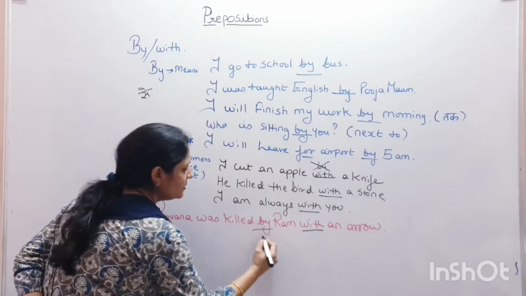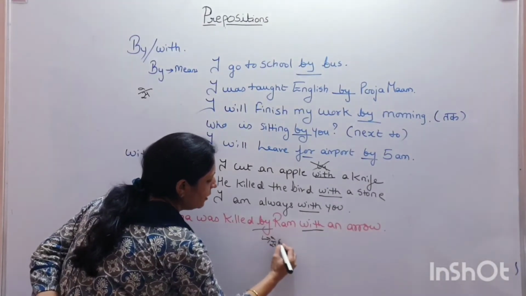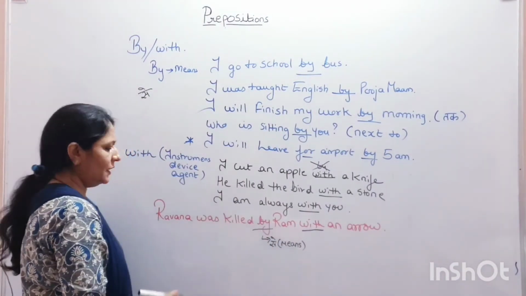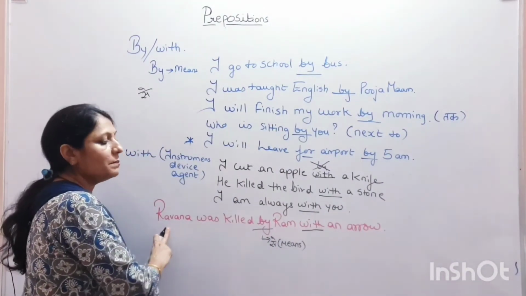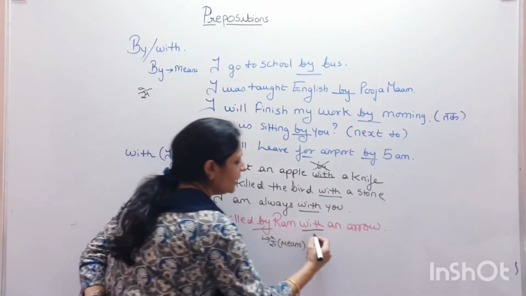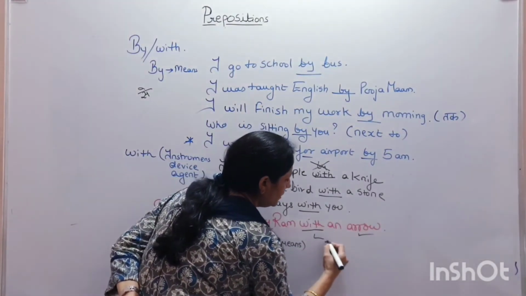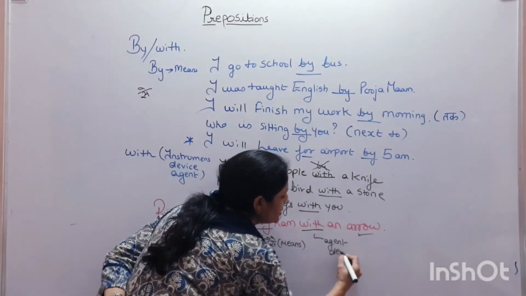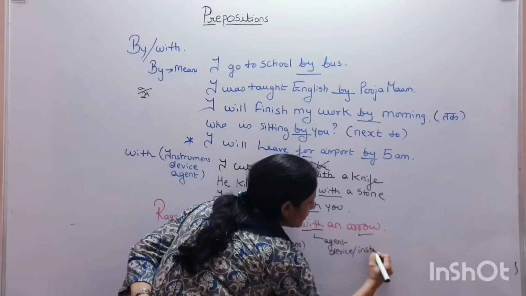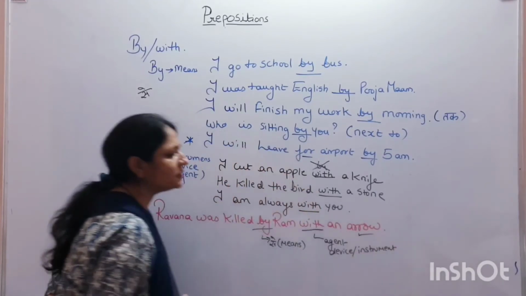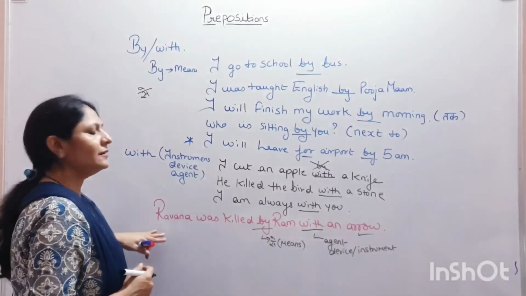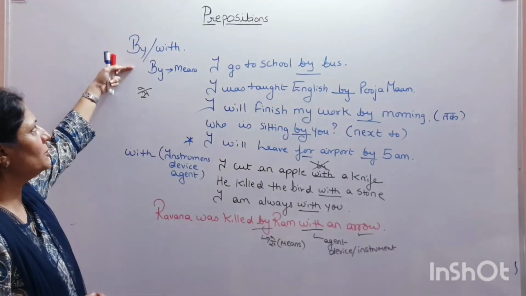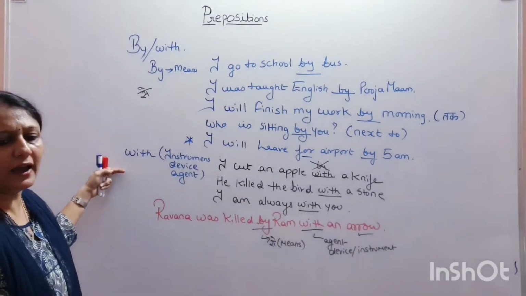Here, by is used with the meaning of means, because Ram was the means to kill Ravana. But what was the agent? The agent was the arrow. And here with is used as the agent, or we can also say device or instrument, with which Ram killed Ravan. So here we got to know the difference between the prepositions by and with.